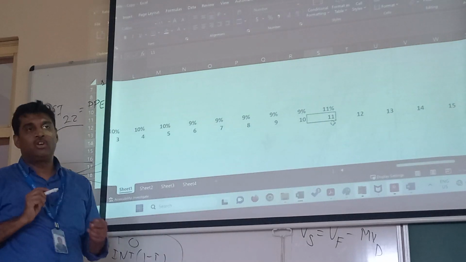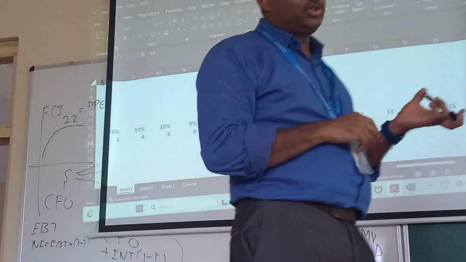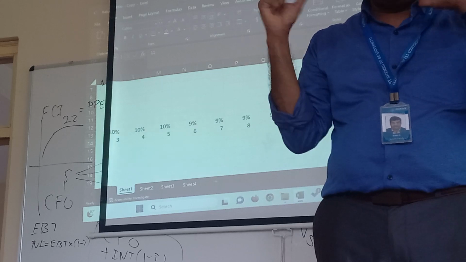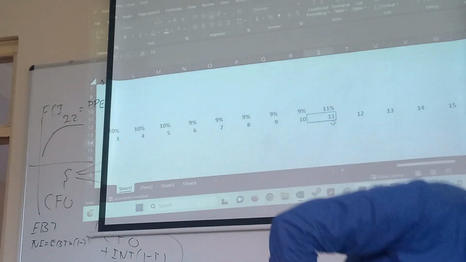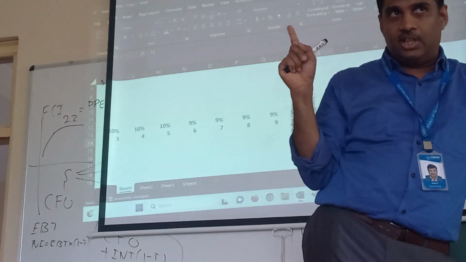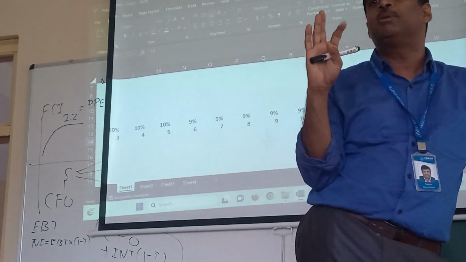And the long term growth rate, how much will it be? What's a long term growth rate? In value, approximately 3%, even 3 to 5% is acceptable.